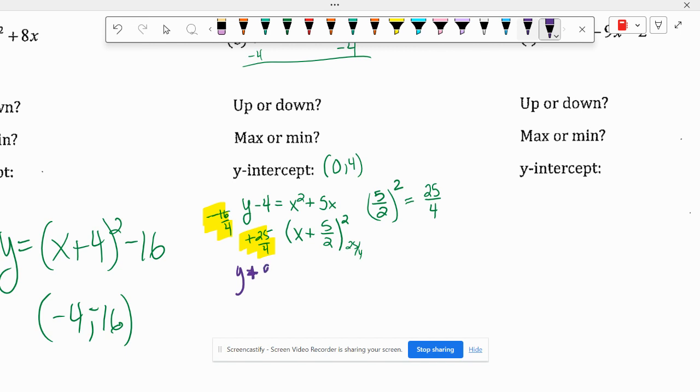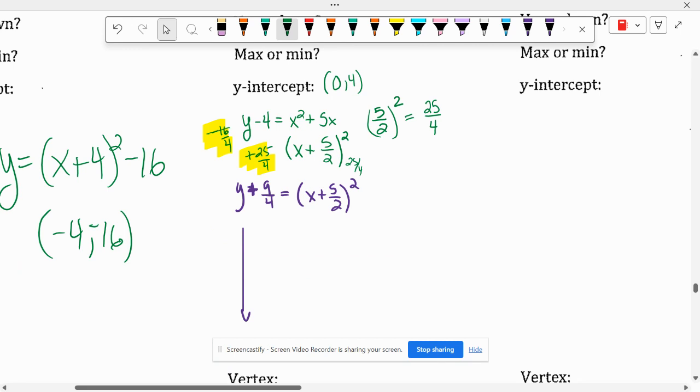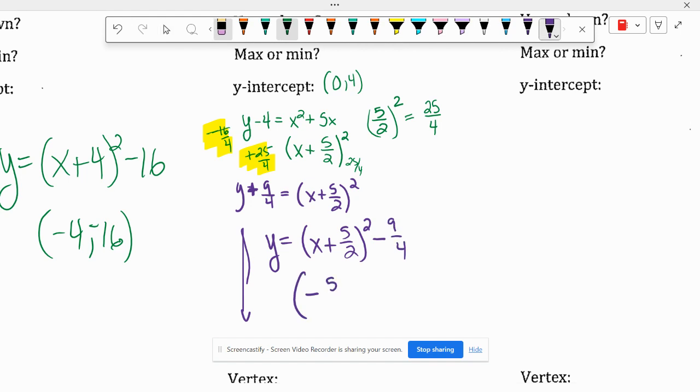So y plus 9/4 equals (x plus 5/2) quantity squared. So now I'm going to move that plus 9/4 back to the other side by subtracting it. So y equals (x plus 5/2) quantity squared minus 9/4. So my vertex is negative 5/2, negative 9/4. The fractions are tough.